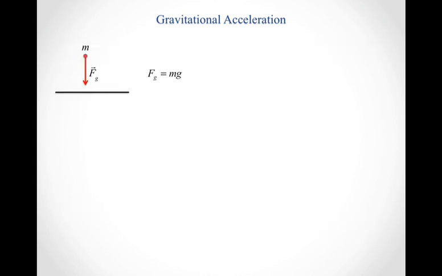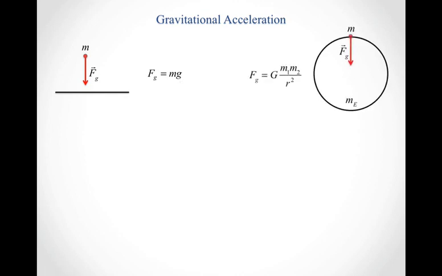Until we introduced the universal law of gravitation, we've said that if you have some mass m sitting at or near the surface of the Earth, there's a gravitational force that acts on m, pulling it straight downwards towards the surface of the Earth, and the magnitude of that force is given by m times g, the gravitational acceleration. The universal law of gravitation, however, says that we have another way that we can calculate that gravitational force.